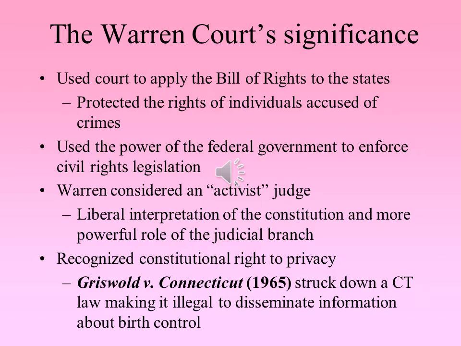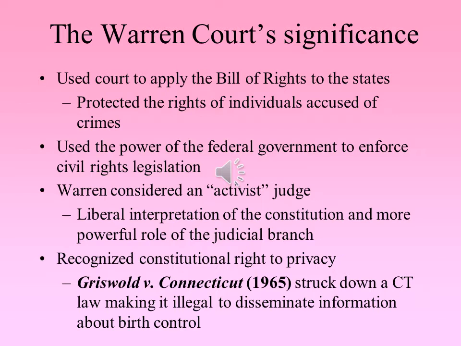Now, there's nothing in the Constitution or the Bill of Rights that says an individual has the right to privacy, yet that liberal interpretation created this belief that Americans do have this right to privacy, and we'll see that in the Griswold versus Connecticut case, which struck down a Connecticut law making it illegal to disseminate or spread information about birth control.